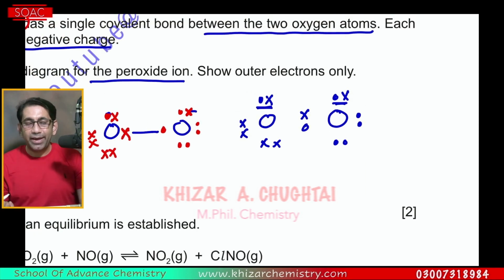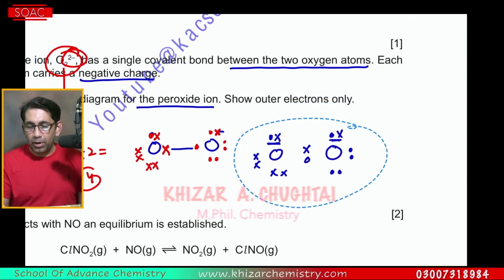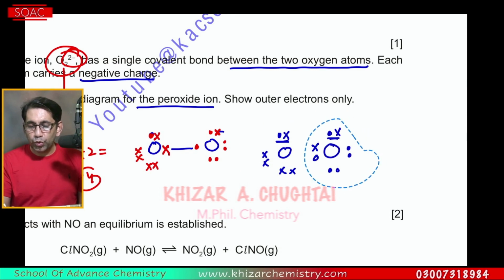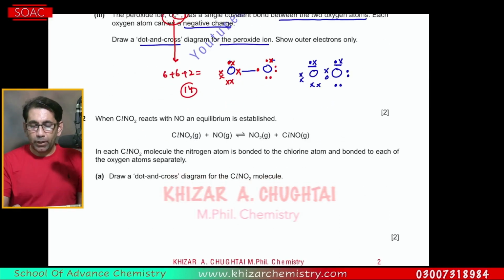I mean, each oxygen atom has taken one electron that does not originally belong to it, it is not the possession of this oxygen atom. So this is a true picture. This is the true dot and cross diagram of the O2 2 negative ion, and so on.